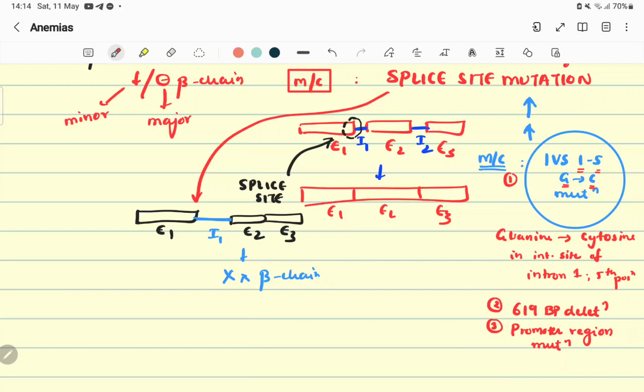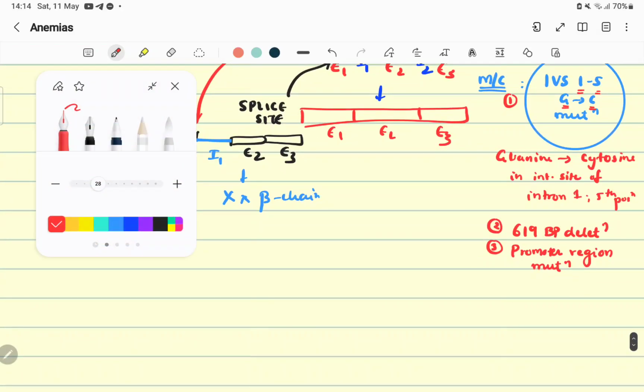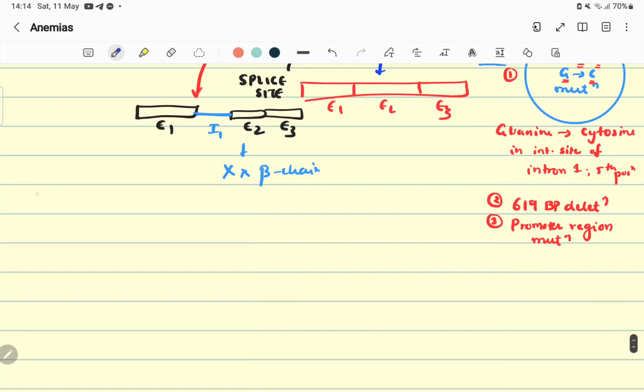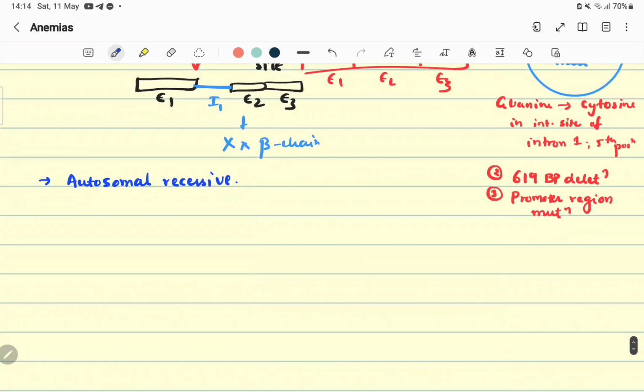Pathogenesis we'll see. Inheritance will be just like sickle cell anemia; it is an autosomal recessive condition.